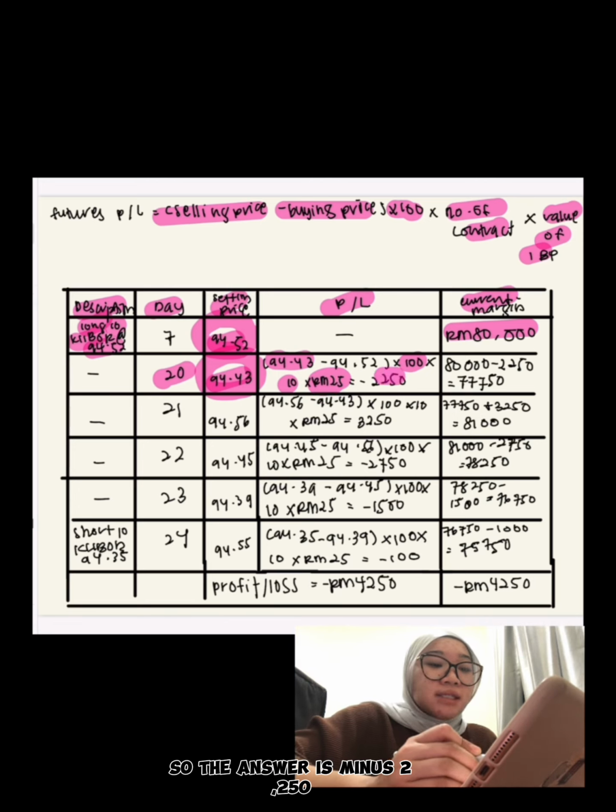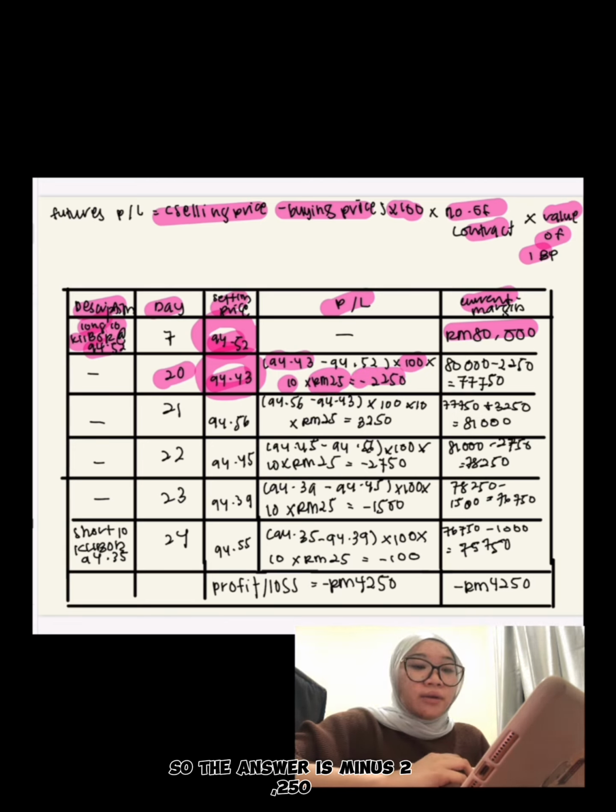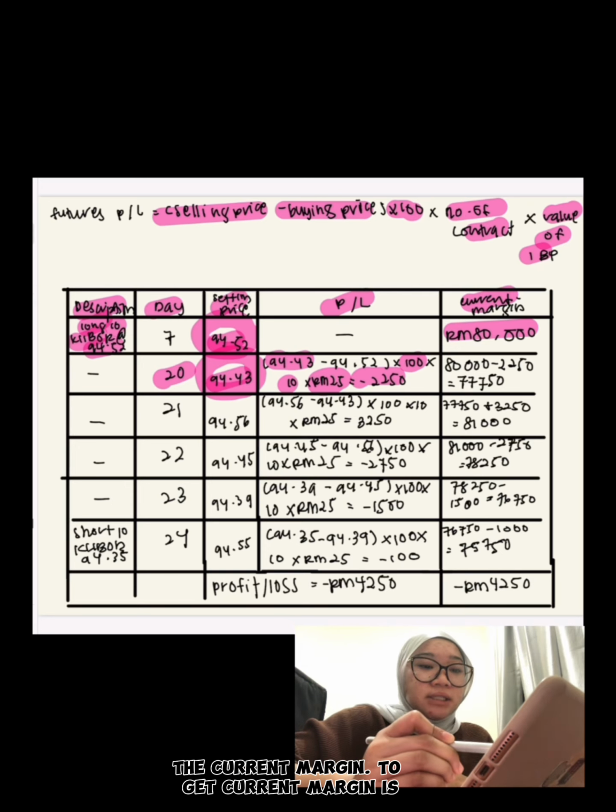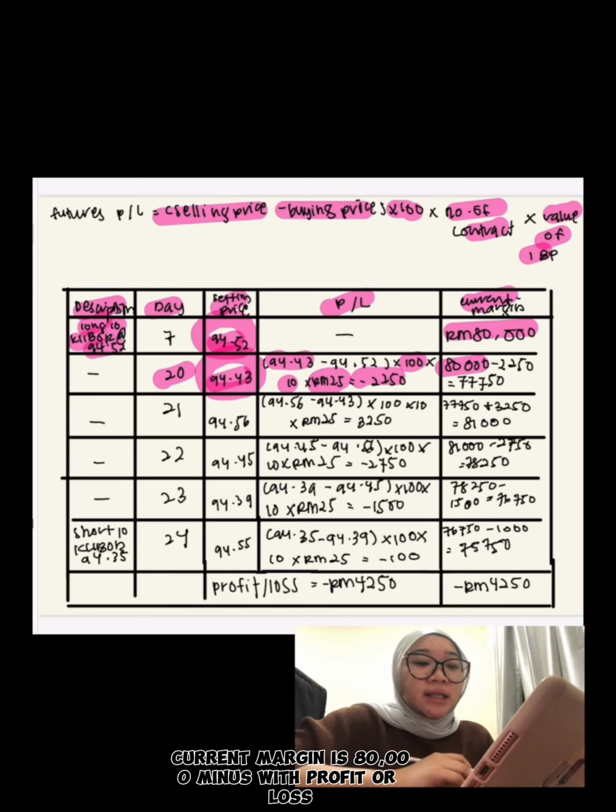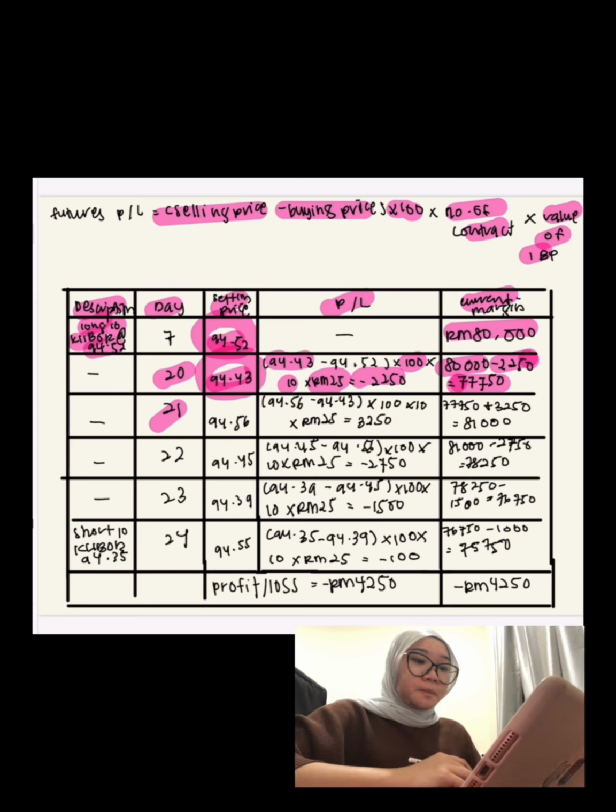So the answer is minus 2,250. The current margin is 80,000 minus the profit or loss. So the answer is 77,750. It continues with 21 January.